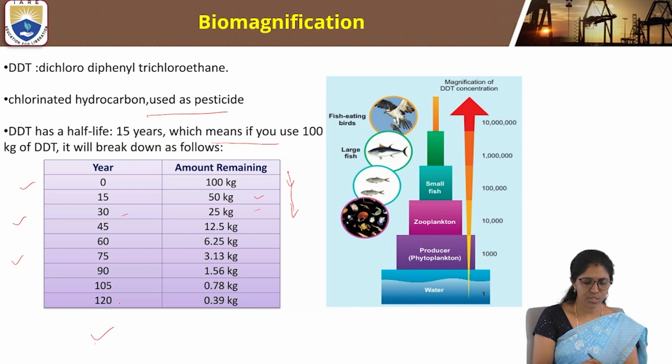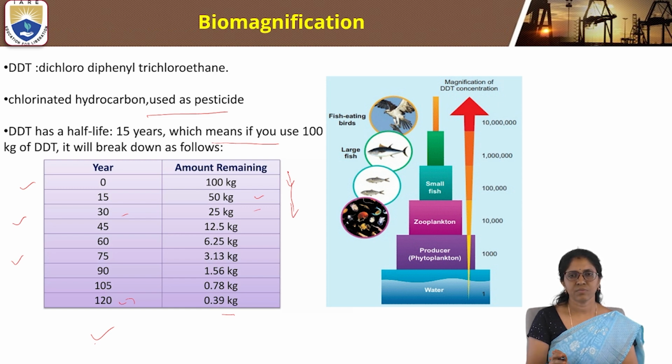Like that, after 120 years it becomes 0.39 kg. So it takes many years to break down. Even after 120 years, the remaining DDT is 0.39 kg.